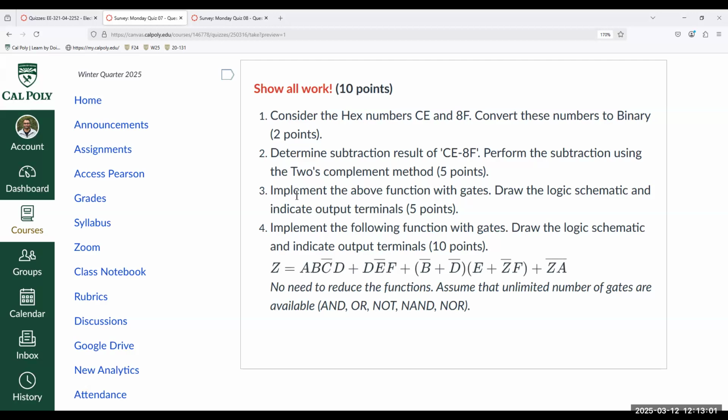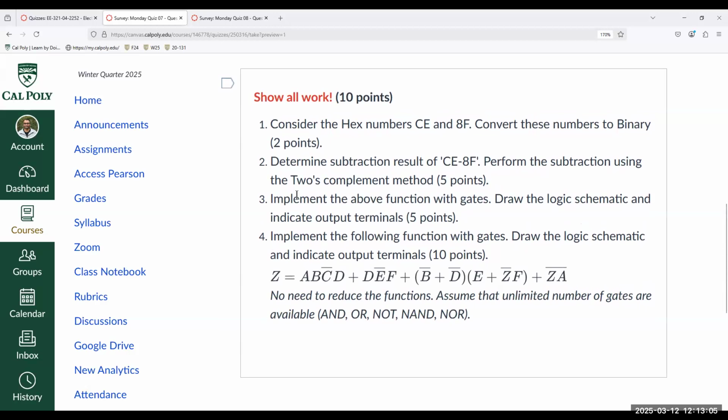One of the reasons also that you see here that it's not a big chunk of the quiz, it's 5 points, is because these two were mostly designed to assess students' thought process.